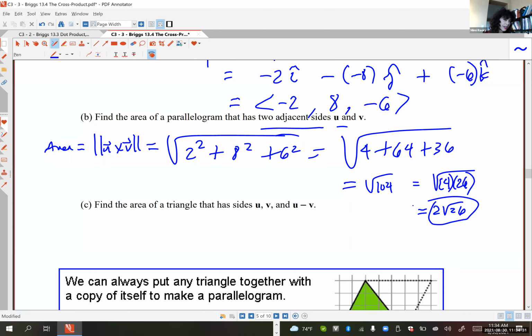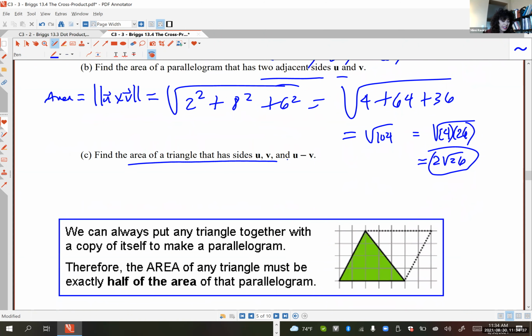Now, here's the weird one. I didn't give you this answer, but it's going to be on quizzes and exams. What if somebody says, find the area of the triangle that has sides U and V and then U minus V? Can you see that that triangle is actually half of the parallelogram with adjacent side lengths U and V?